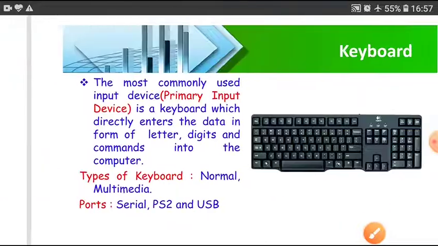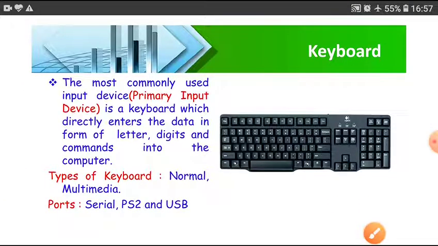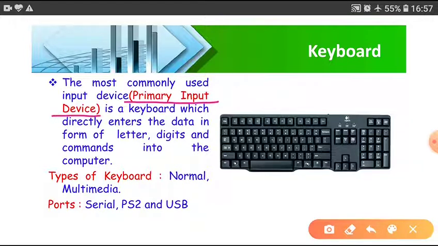Now see these input devices one by one. The most common input device is keyboard. This is called primary input device. Keyboard directly enters the data in form of letters, digits and commands into the computer system.